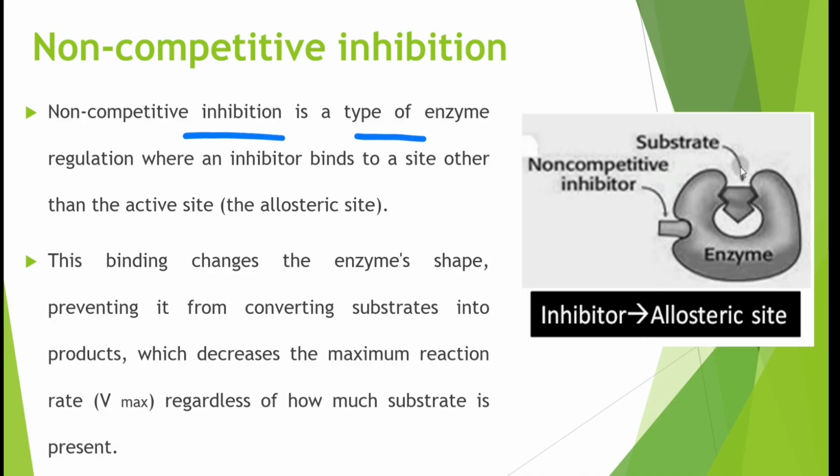Non-competitive inhibition is a type of enzyme regulation where the inhibitor binds to a site other than the active site, which is called an allosteric site. We will discuss the allosteric effect later on. Unlike competitive inhibition, in non-competitive inhibition the inhibitor attaches to a site other than the actual active site of the enzyme.